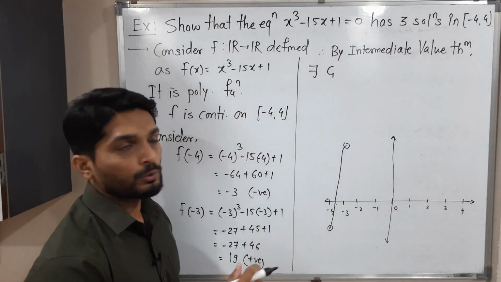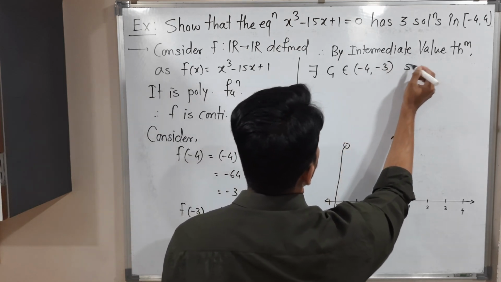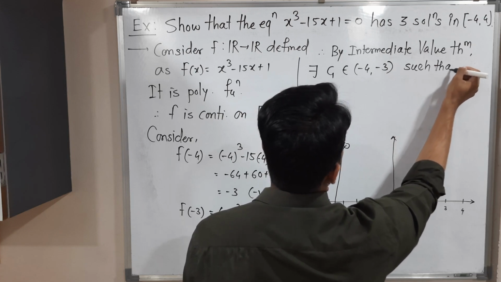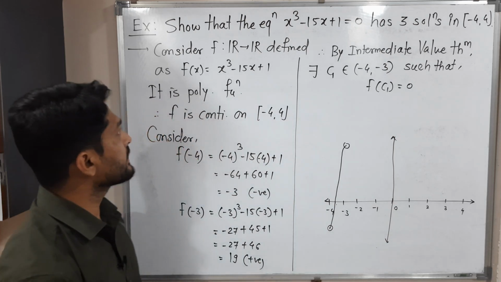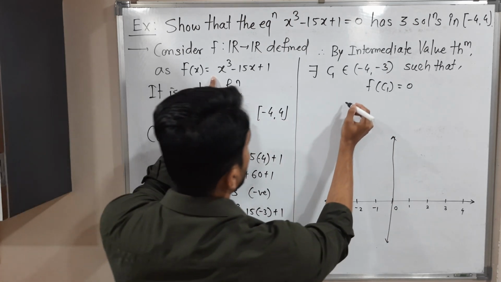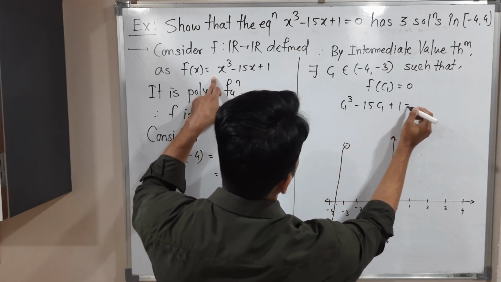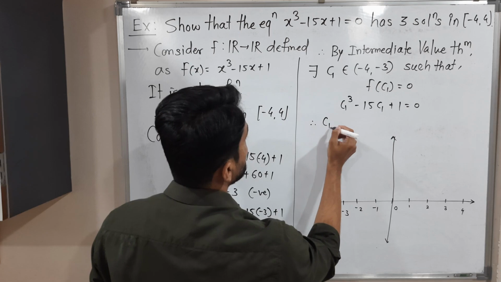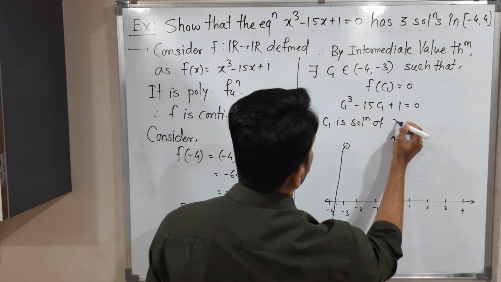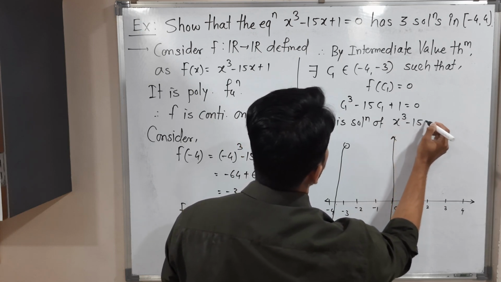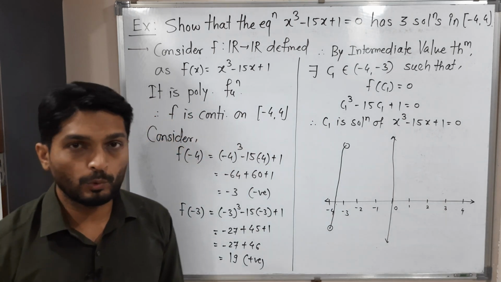The first solution is c1 belonging to the interval (-4, -3) such that f(c1) = 0. That means c1 cube minus 15 c1 plus 1 is equal to 0, so c1 is a solution of the equation x cube minus 15x plus 1 equals 0. In this way we got our first solution.